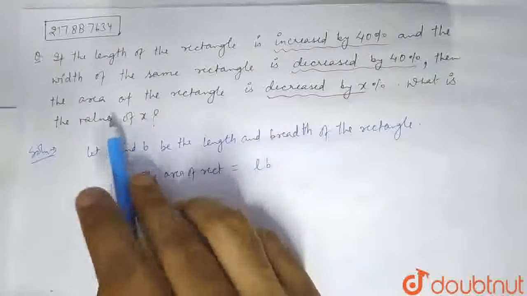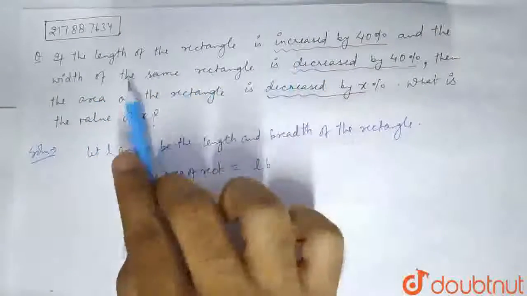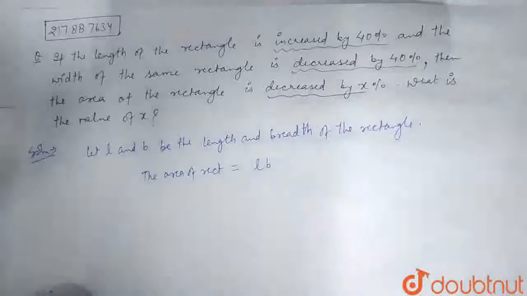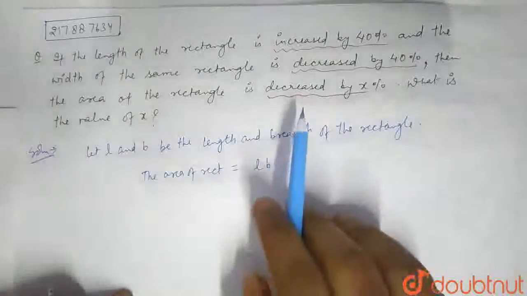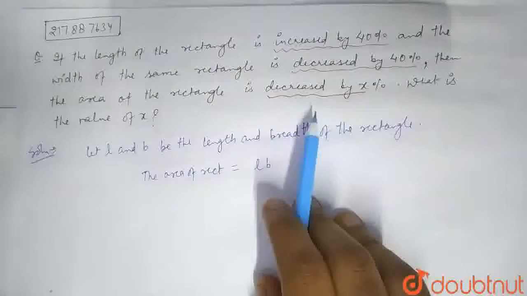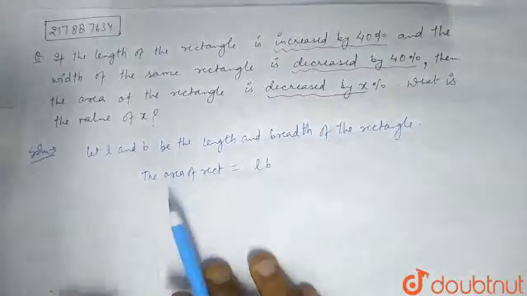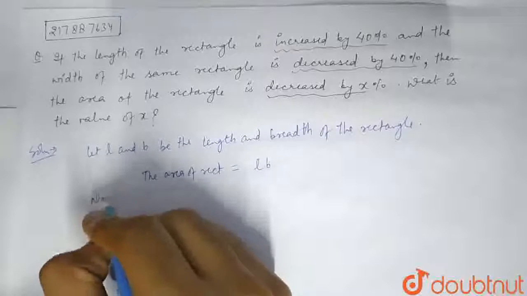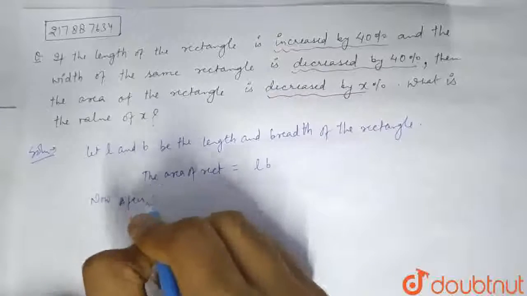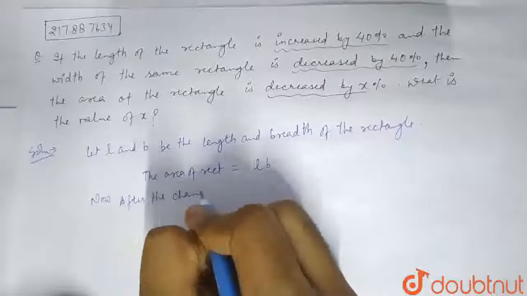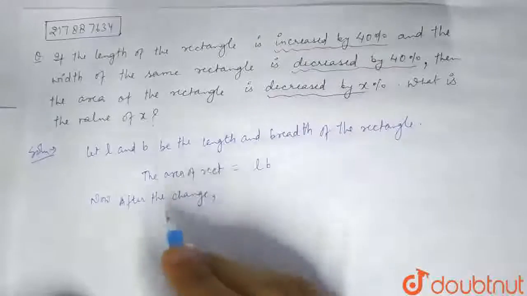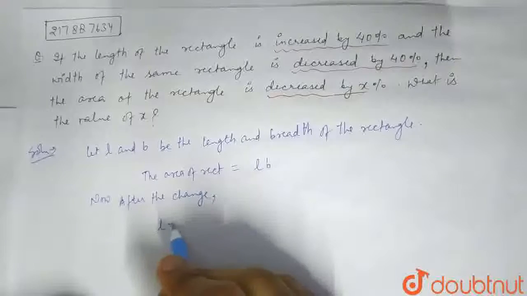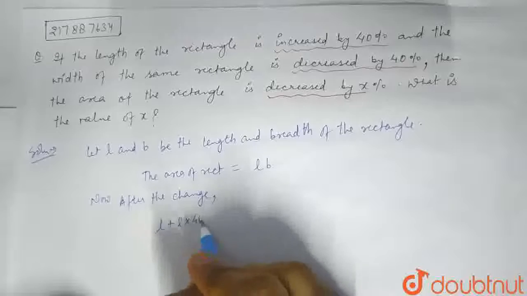Now, the length of the rectangle is increased by 40% and the width of the same rectangle is decreased by 40%, then the area of the rectangle is decreased by x percentage. So the actual area was L into B. Now after the change, the length has got an increment by 40%, so L plus L into 40 by 100.